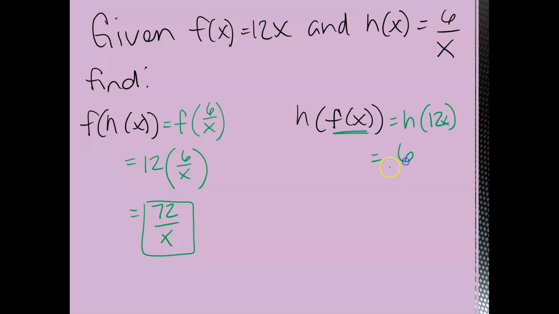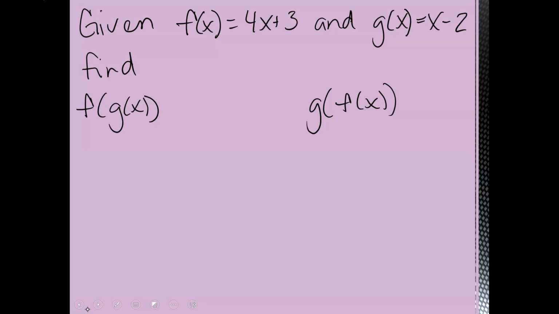So now I have 6 divided by 12x. Can we reduce that? Yes, we can. Because 6 goes into 6 one time and 6 goes into 12 two times. So my answer is 1 over 2x. Okay? So really it's about plugging each other in and then simplifying what you have once you plug stuff in. Okay, those are really the steps.